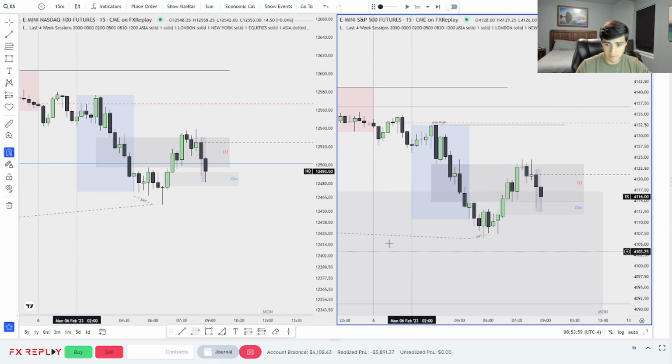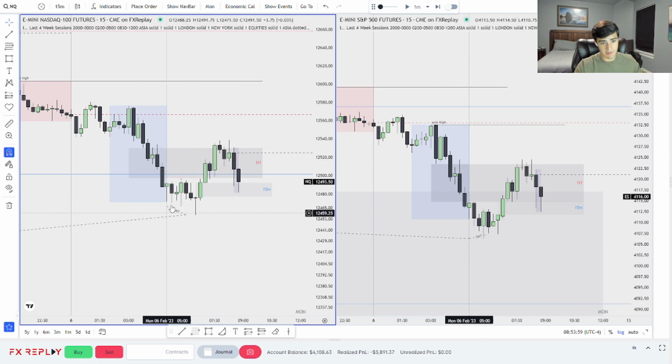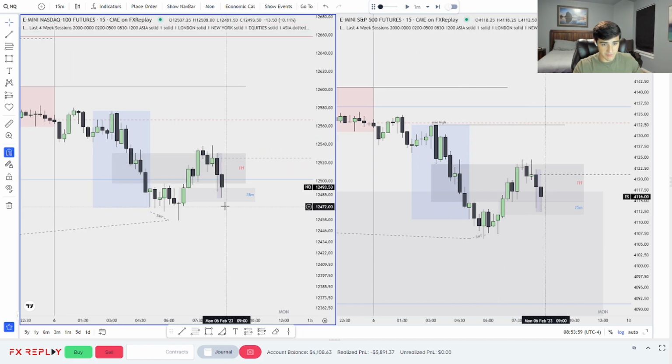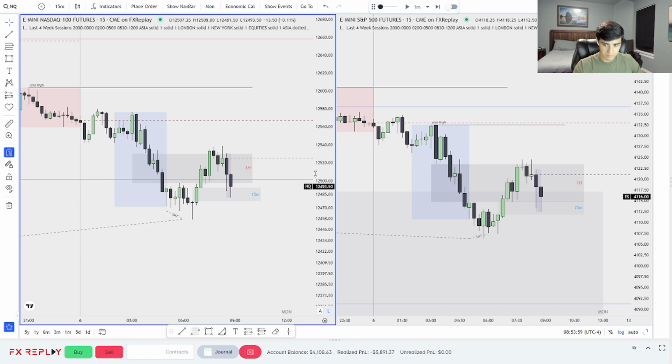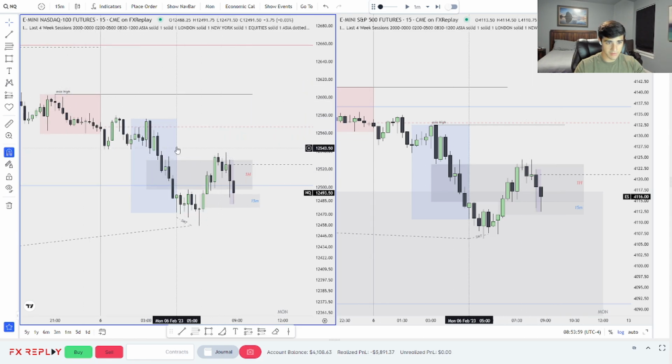There's an SMT at the lows. So it looks like we may have ran out this London low, put in a low day, SMT. If this imbalance were to hold, probably expect to trade higher to these Asia highs.